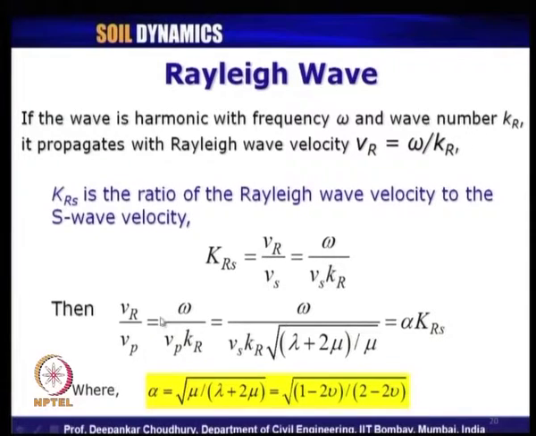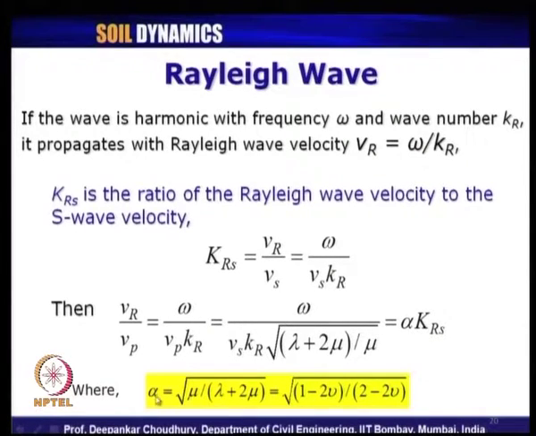Now, if we take the ratio between Rayleigh wave and primary wave, what we can write is Vr by Vp can be expressed like this, where Vp can be expressed in terms of Vs and Lame's constant in this form, from our known relation between Vs and Vp. Now, this is denoted as alpha times KRS, simplified in terms of alpha times KRS.